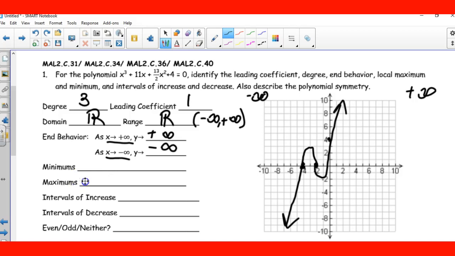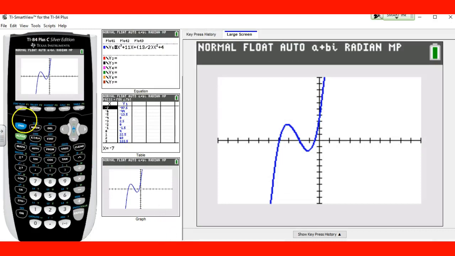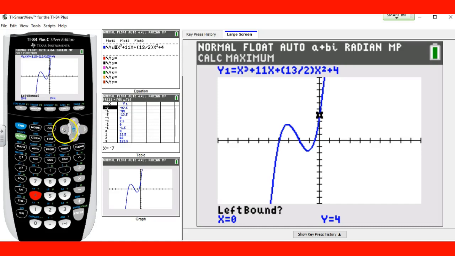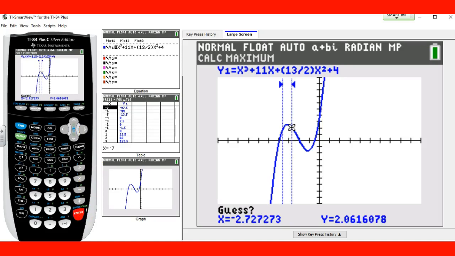Now, maximum and minimums. Remember, we can use our calculator for that. So we're going to go back to our calculator and go second, trace. Let's do our maximum first since that's on the left. There's the maximum, this hill right here. You're going to do left bound, right bound, and enter again for guess.